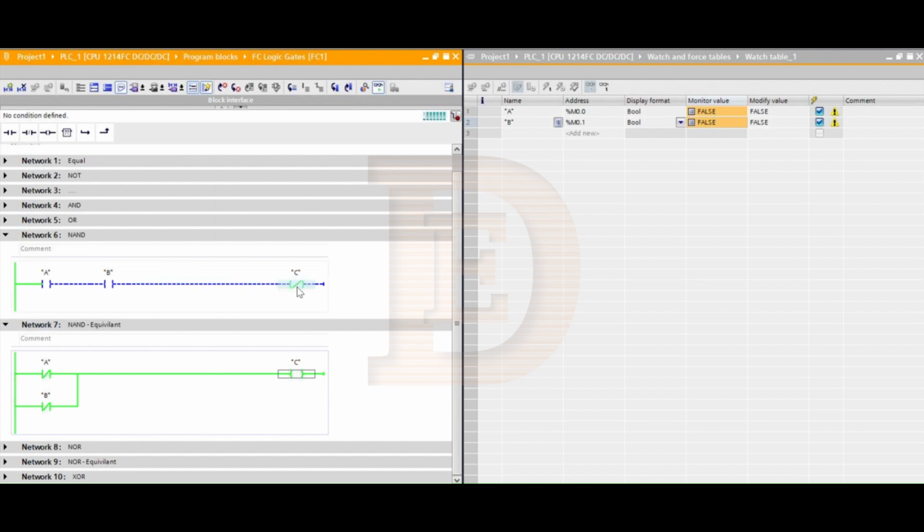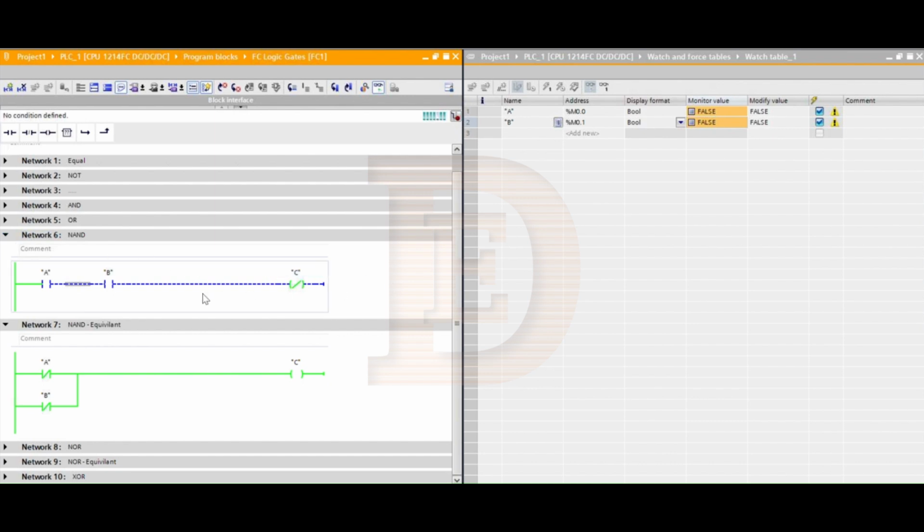Same thing as not C equals A and B, which is basically saying C equals A NAND B, which is basically the negated C. Okay, so this is how we understand it, so we cannot make a mistake in the truth table.